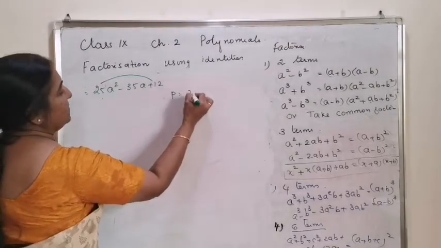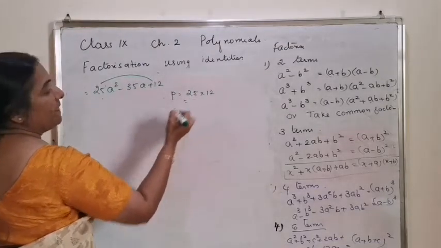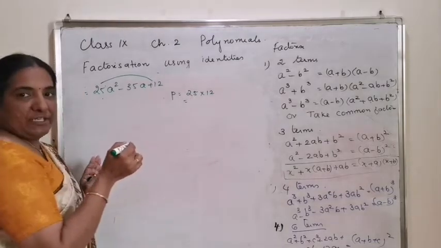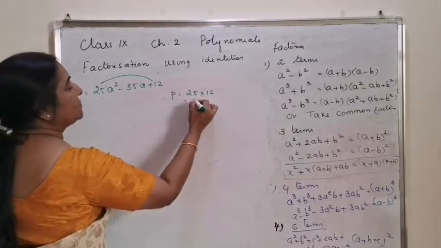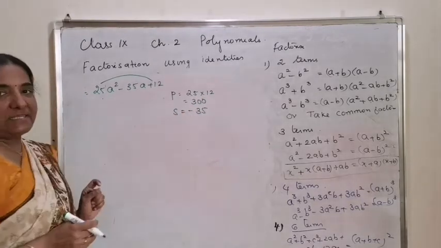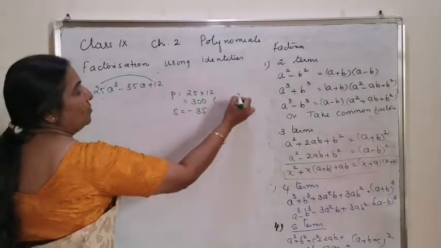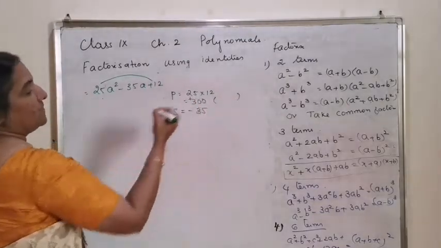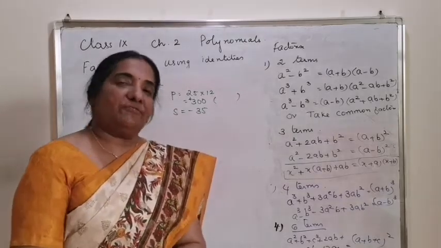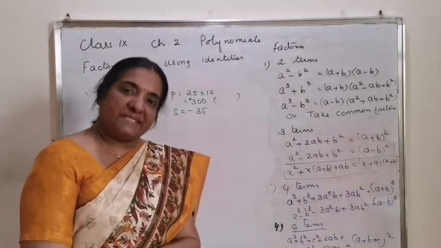The product is equal to 25 into 12, which is 300, and there are 2-3 different ways you can do it. Let's go with the multiplication, and the sum is equal to minus 35. The rule is the product is positive and the sum is negative. When the product is positive, both the factors are of the same sign.